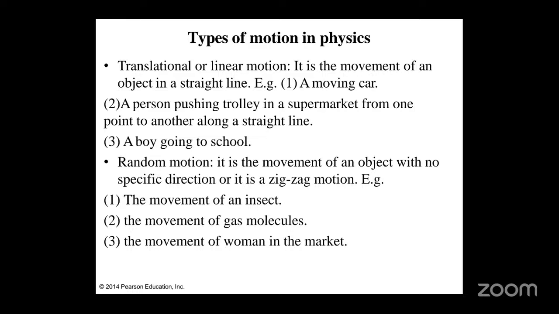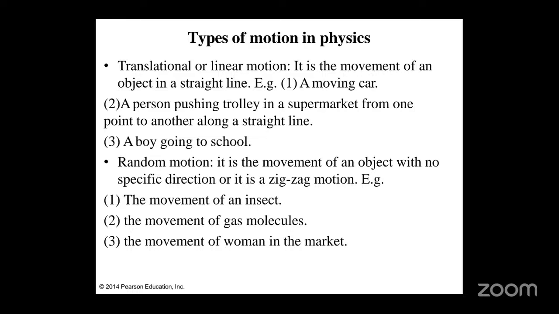Another example is a person pushing a trolley in a supermarket from one point to another along a straight line. And then a third example is a boy or a girl going to school. So these are three examples of a straight line or linear motion.